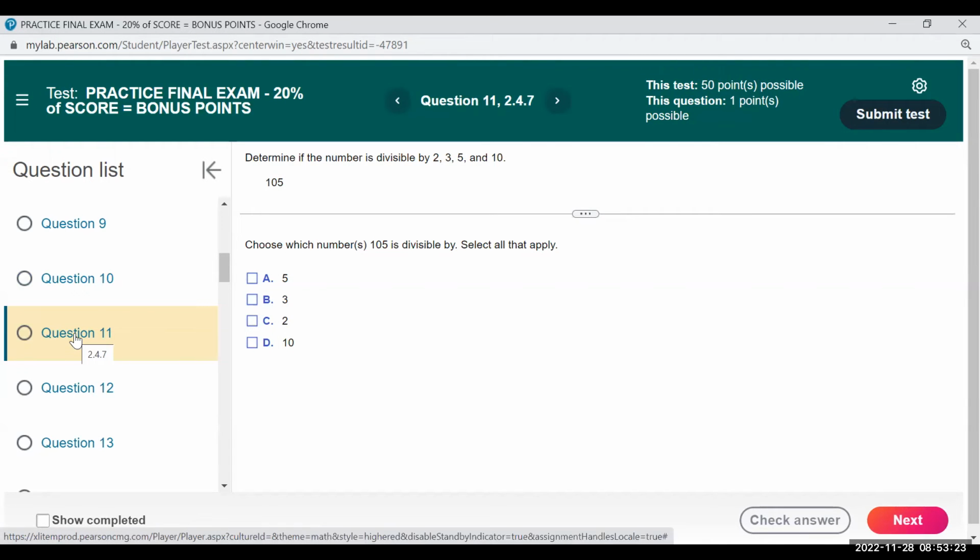Determine if the number is divisible by 2, 3, 5, and 10. Is 105 divisible by 2, 3, 5, and 10?